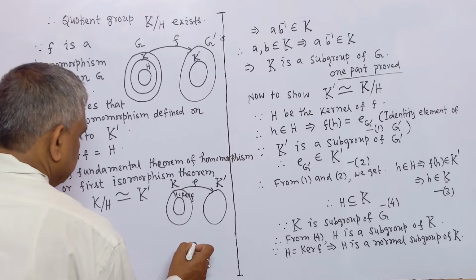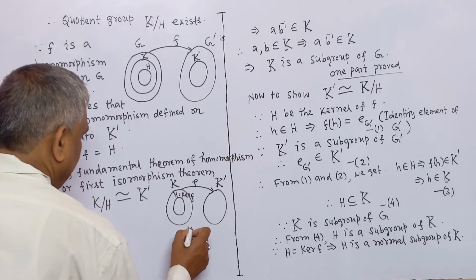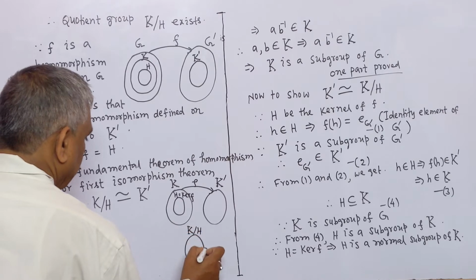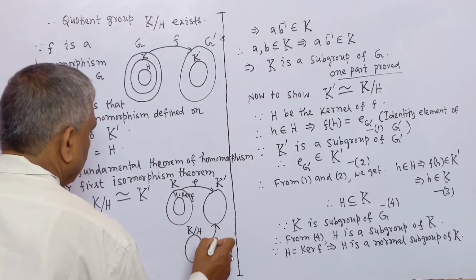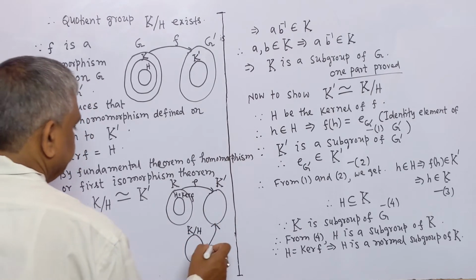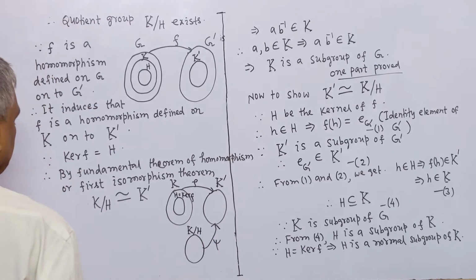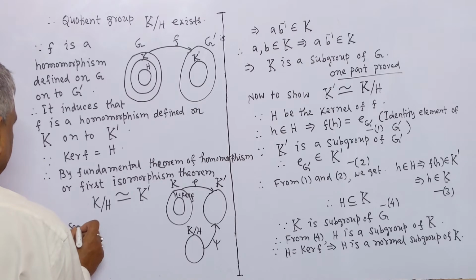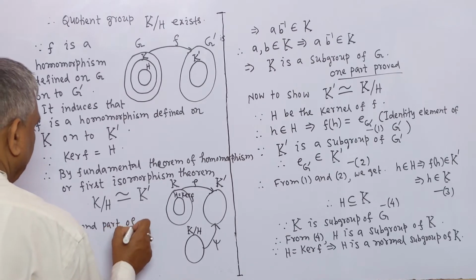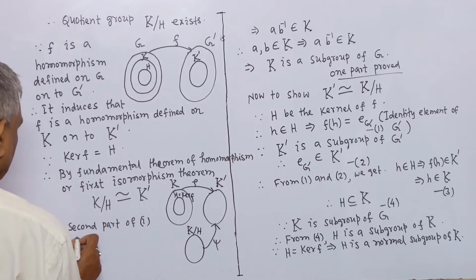Therefore, the quotient group K by H is isomorphic to K prime. Let psi be the isomorphism. Second part of 1 is proved.